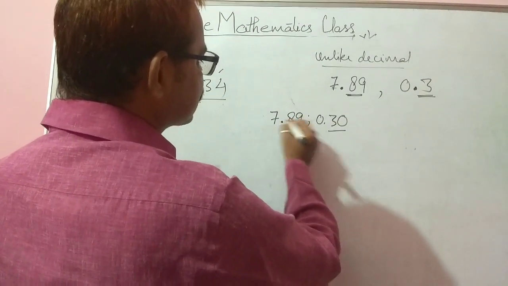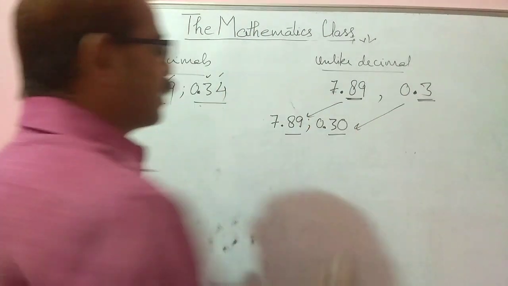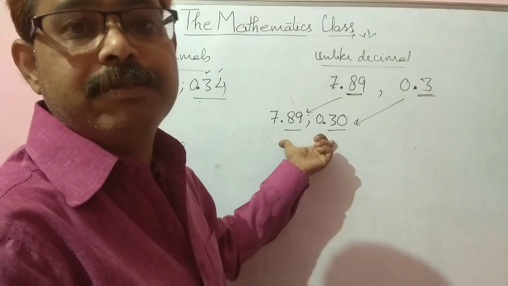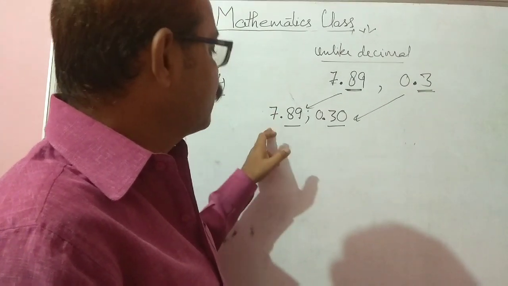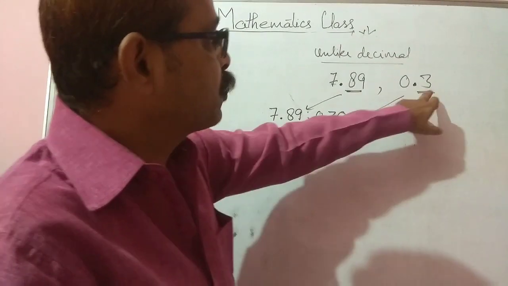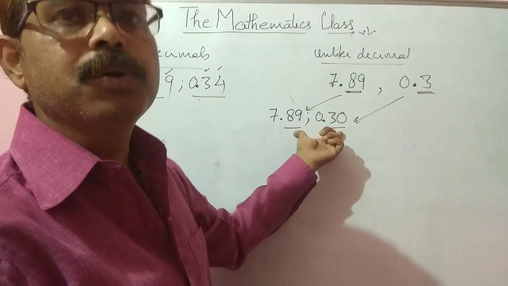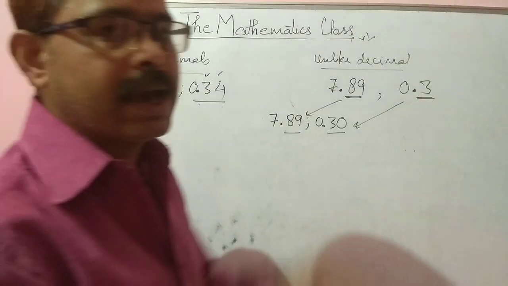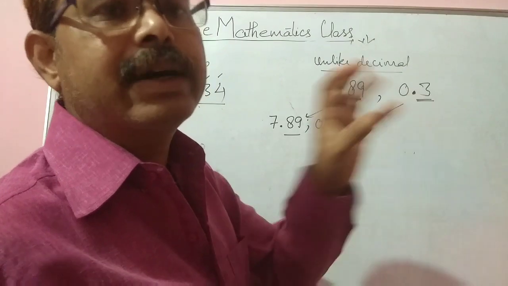Now these numbers have been converted to like decimals without changing their value. 7.89 and 0.30 can be placed to convert them into like decimals. Now why am I telling this? Because this will help you in adding and subtracting decimals.